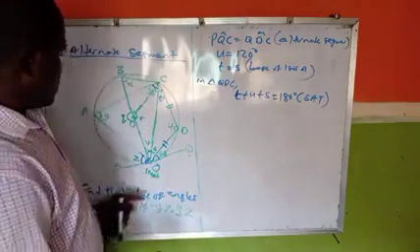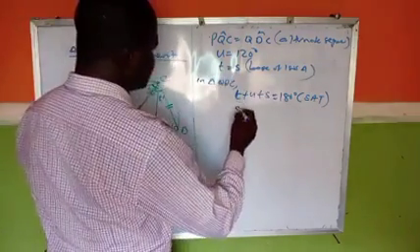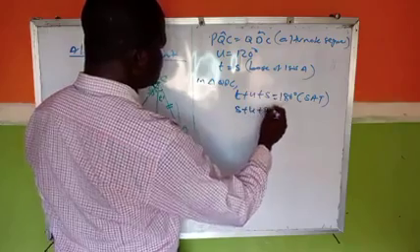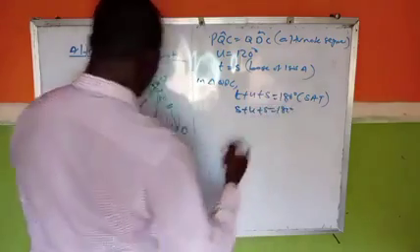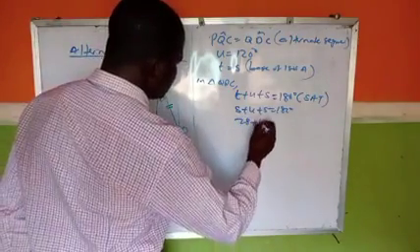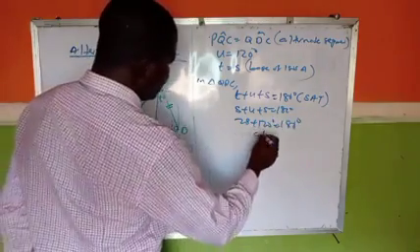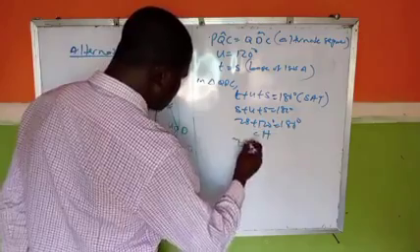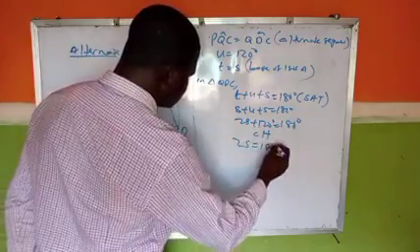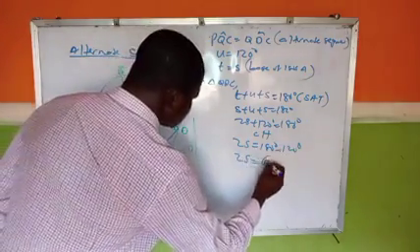Then you know T equals X, so you can replace it. So you can write X here plus U plus this equals 180 degrees. What is the value of U? U is 120. So X plus X is 2X plus 120 degrees equals 180 degrees. So you collect the like terms. 2X equals 180 degrees minus 120 degrees. So 2X equals 60 degrees.